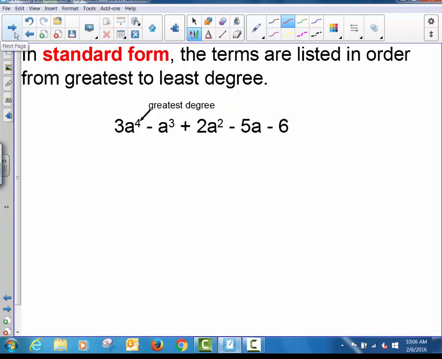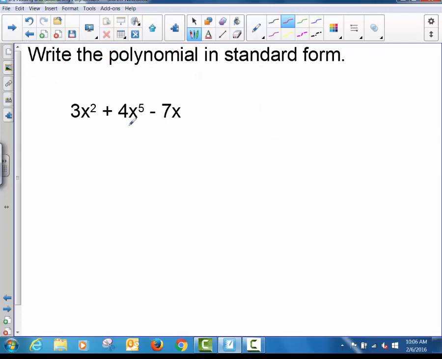So if I tell you to write a polynomial in standard form, the first thing you look for is the greatest degree. This one's a 5. So you put it first. Then you look for the second one. 2 is bigger than 1, so this will be plus 3x squared minus 7x. See, we've got them in decreasing order.